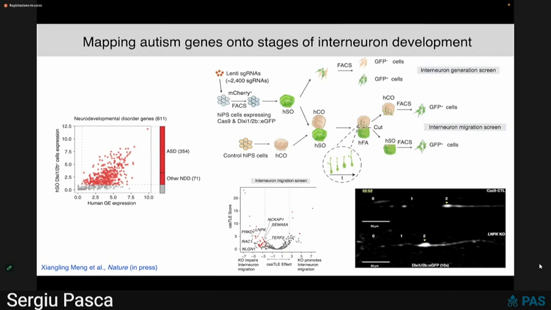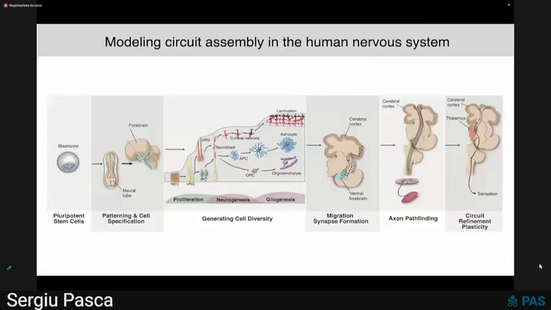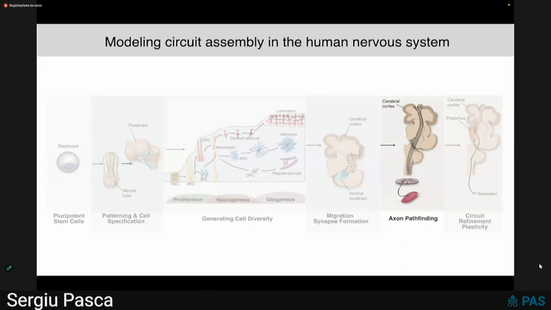And when patients carry this mutation, that fails to happen, and so the cells don't move. So we think there are fewer interneurons in these patients reaching the cortex, and therefore less inhibition.